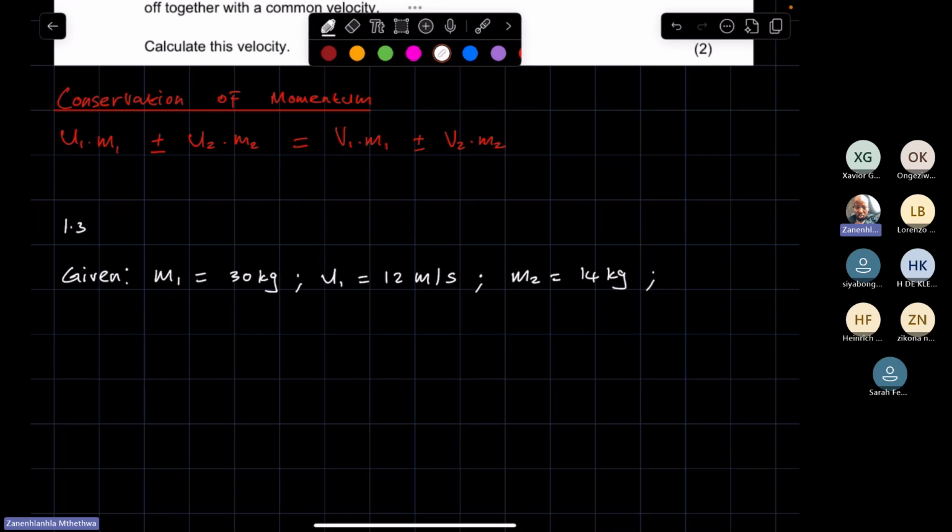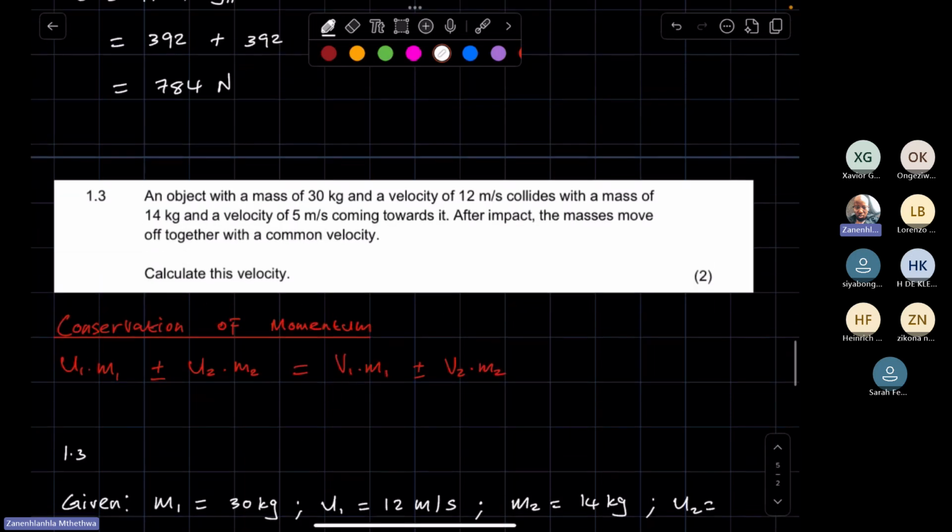And the initial velocity of mass 2, which is 14 kg, is 5 meters per second coming towards it. So the coming towards it indicates that the two objects are going in opposite directions. Do you see what I mean here?